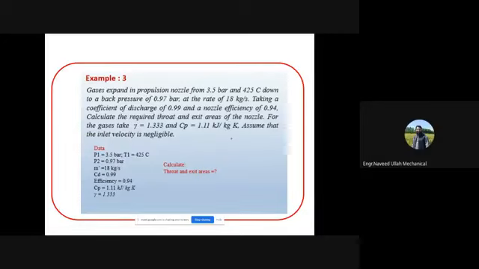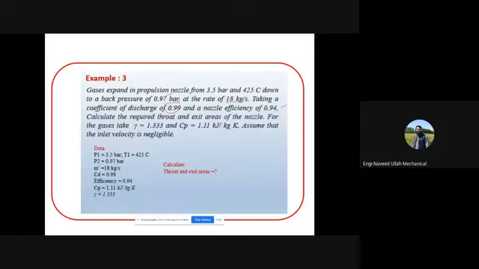Now based on these things you can solve this example. This example is actually a solved example. Gas is expanded in a propulsion nozzle from 3.5 bar and 425 degree C pressure and temperature down to a back pressure. The back pressure is actually known to you at the rate of, this is mass flow rate, taking coefficient of discharge, ठीक है, ये coefficient of discharge है अभी जो हमने पढ़ा, and nozzle efficiency of this thing.